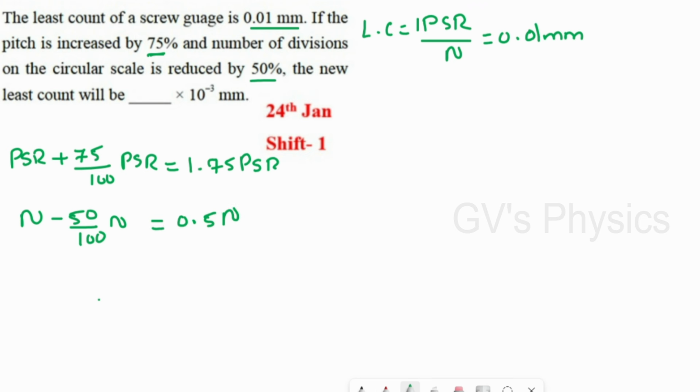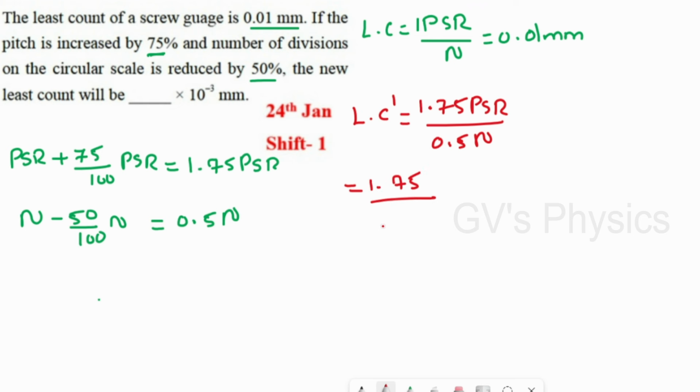Now we can substitute in the formula. The new least count LC dash is equal to, in the place of 1 PSR, we substitute 1.75 PSR, and in the place of n, we substitute 0.5 n. That is equal to 1.75 by 0.5 into 1 PSR by n, which is the initial least count, and we know the value, it's 0.01.